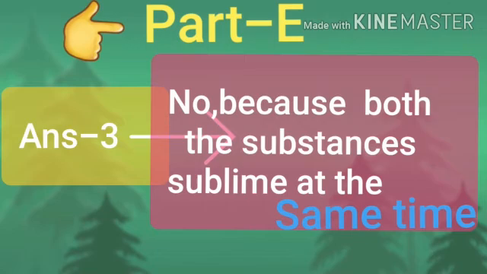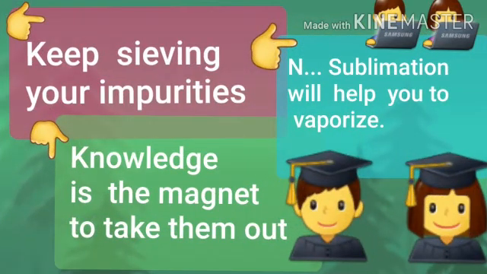So if we heat them to separate them from each other, they will sublime at the same time and vaporize, and the vapors of these two substances mix up again, so we can't separate these two substances. The condition is that one should be there that cannot sublime on heating.